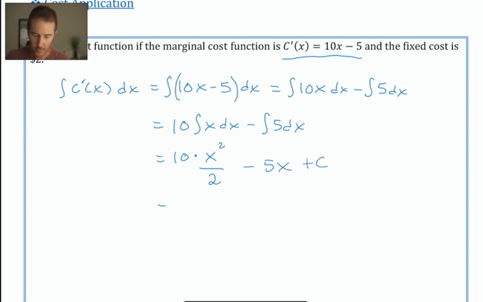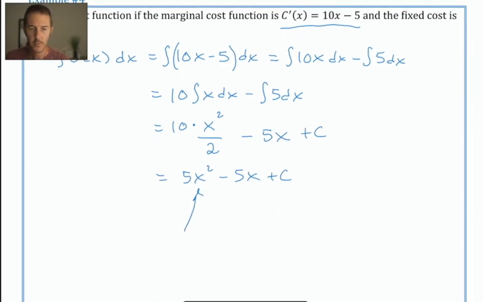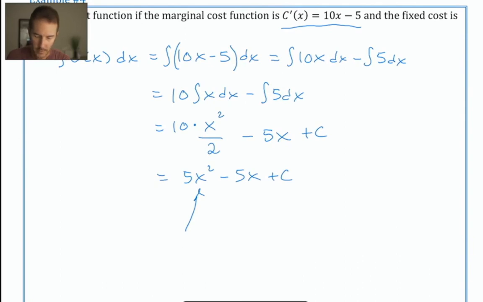Let's clean this up a little bit, and since we can reduce right here, let's write this as 5x squared minus 5x plus c. Now, this is a variable, and since what we've just designed is a cost function, c of x, the fact that this is a variable right here tells me that that's a variable cost.